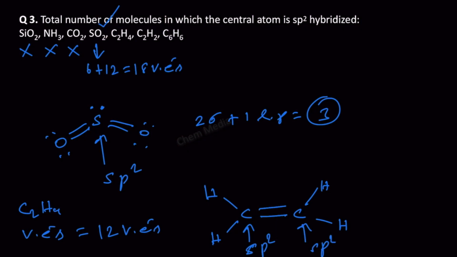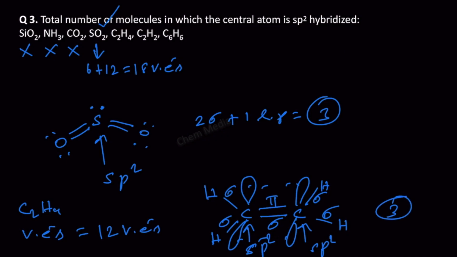So this means that basically we have a p orbital here that can overlap sideways. That's how we get the pi bond. So we have a pi bond, we have a sigma bond, and all the carbon-hydrogen bonds are also sigma. So for each carbon we have 3 sigma bonds, no lone pairs. So therefore here also the steric number is 3. This means both the carbon atoms are sp2 hybridized. So we need to count C2H4 also.